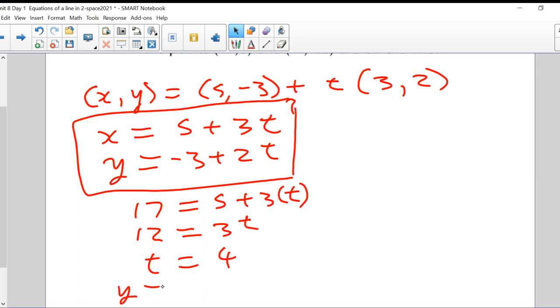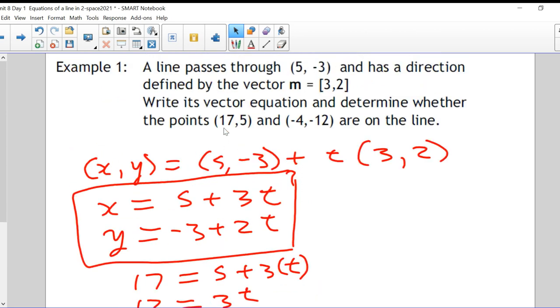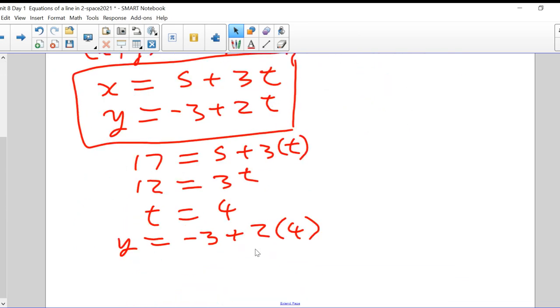So my y value should be minus 3 plus 2 times 4, because for every corresponding x value, that gives me a t which is 4. I need to use that same 4 to generate my corresponding y value. So minus 3 plus 8, which of course is equal to 5.